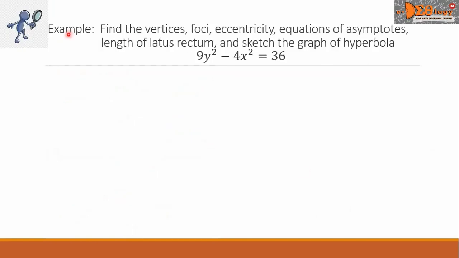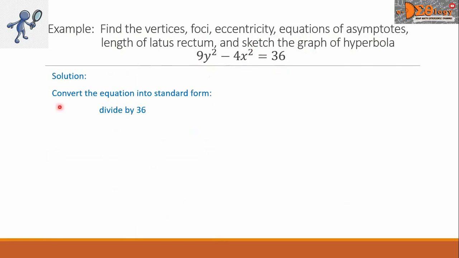Let us see this example. Find the vertices, foci, eccentricity, equations of asymptotes, length of latus rectum, and sketch the graph of hyperbola 9y squared minus 4x squared equals 36.